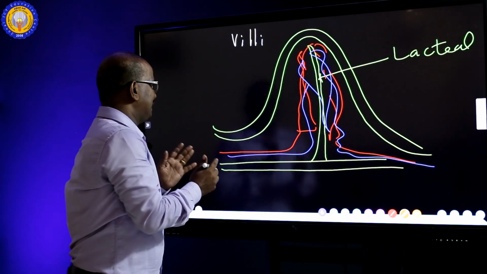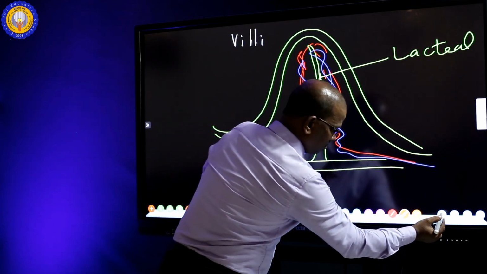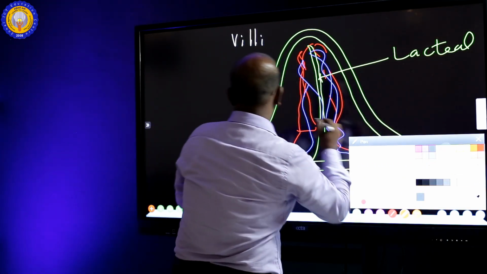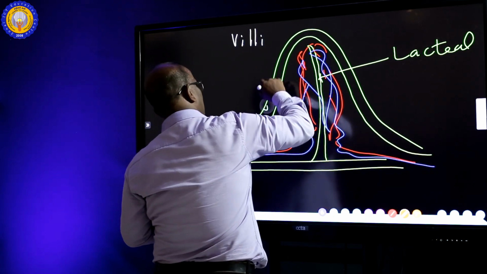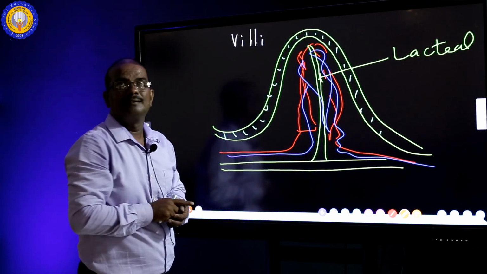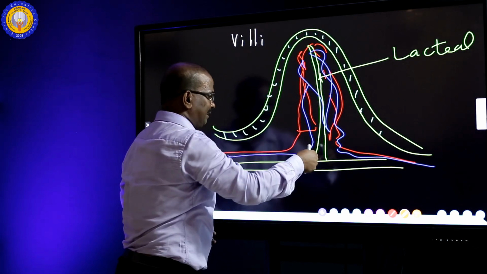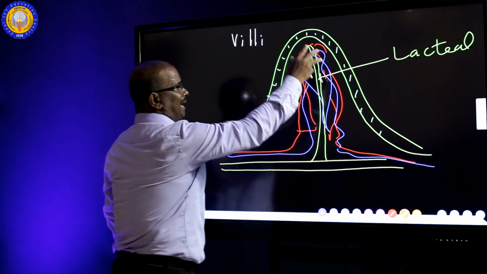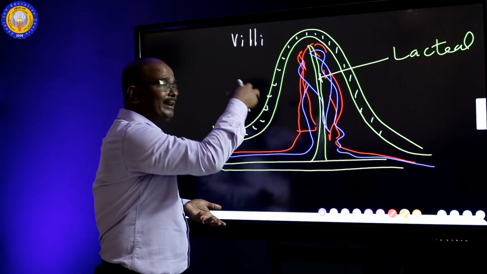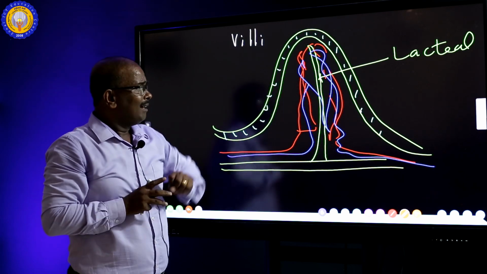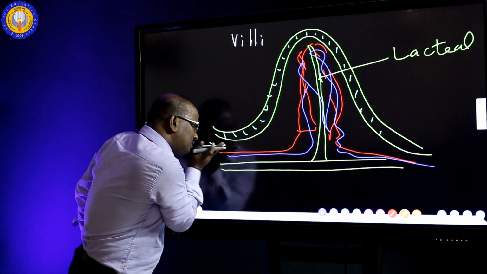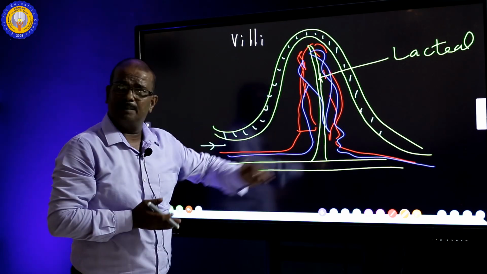This one is the villi, one villi I have shown in this diagram. These are the blood capillaries network, associated with the villi which are found in the small intestine. The digested food comes through the small intestine.